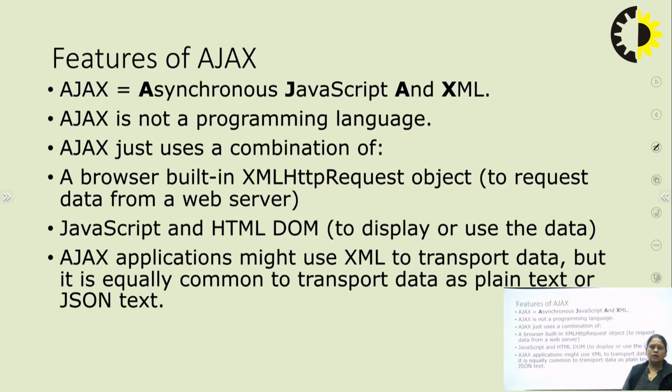If we are talking about the features or characteristics of this Ajax technology, first of all, Ajax is a combination of HTML, XHTML, XML, JavaScript, etc. It stands for Asynchronous JavaScript and XML.